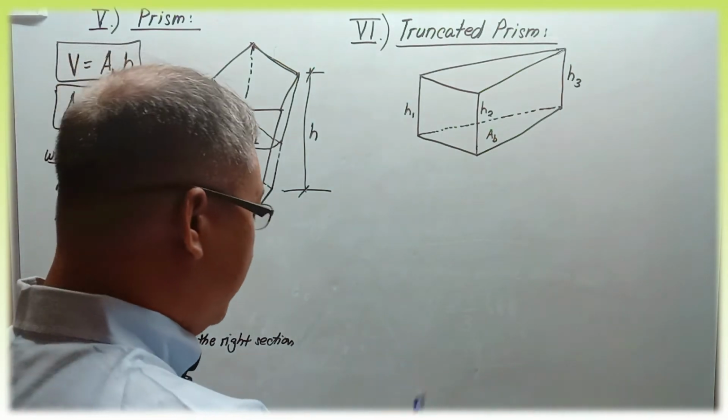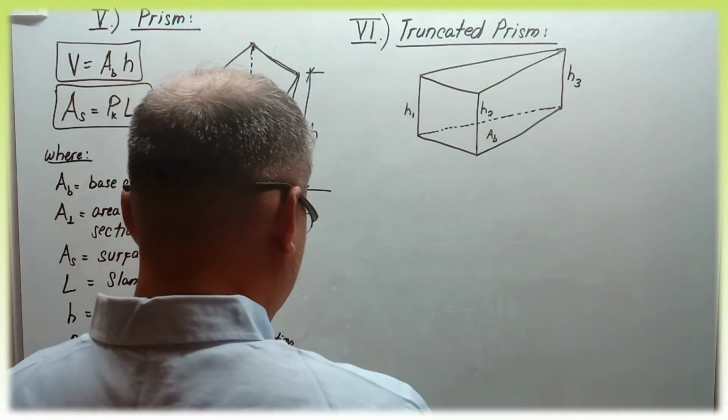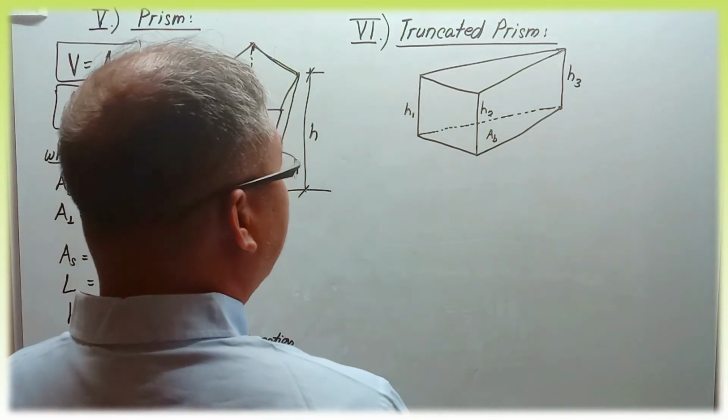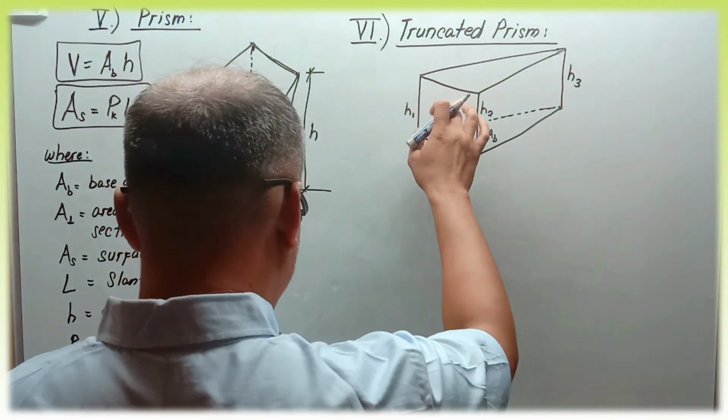Now, in this particular geometry, we need to find how to solve the volume of this truncated prism.